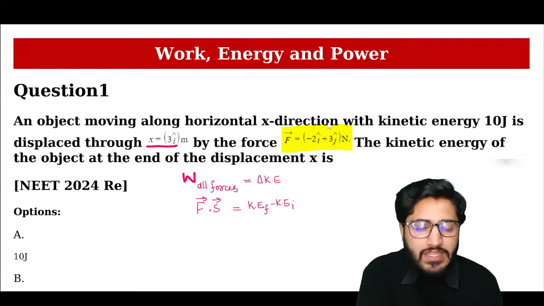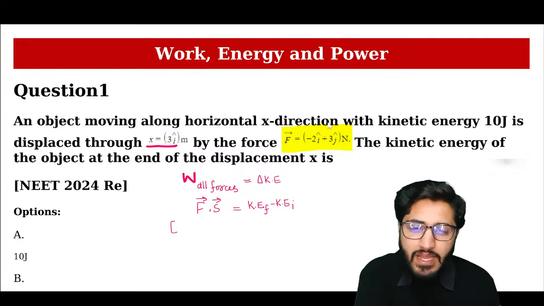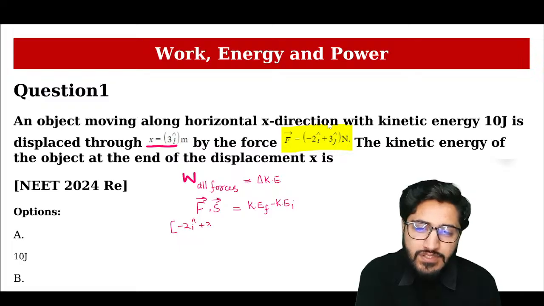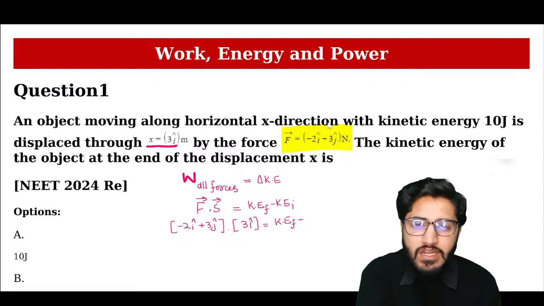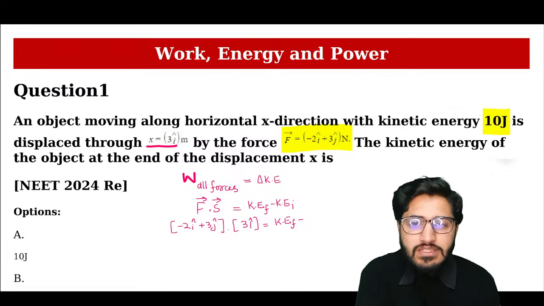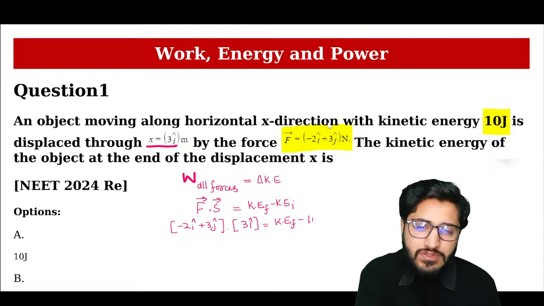Force is given as minus 2i cap plus 3j cap, dot displacement, which is 3i cap only. Change in kinetic energy: the final we have to find out, and the initial is given as 10 joules.